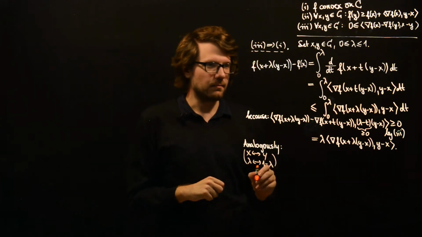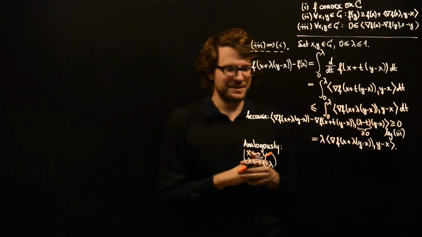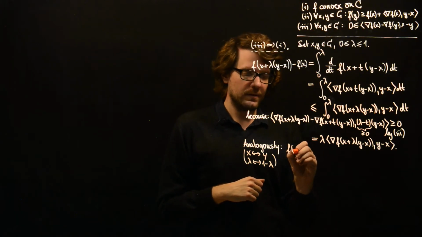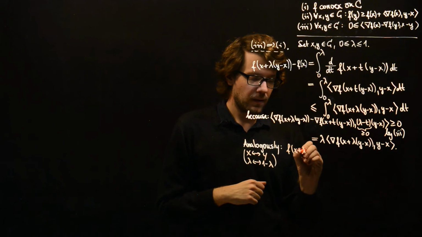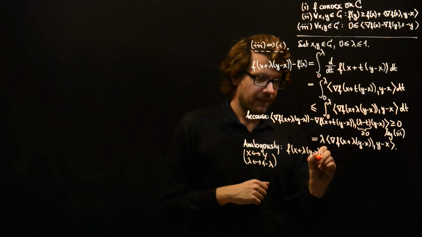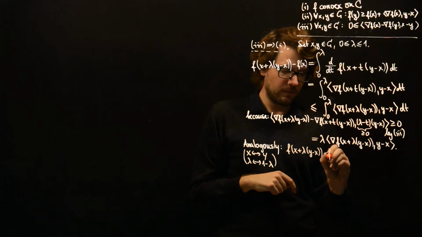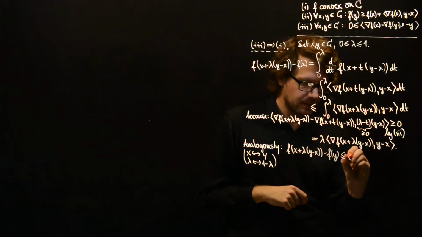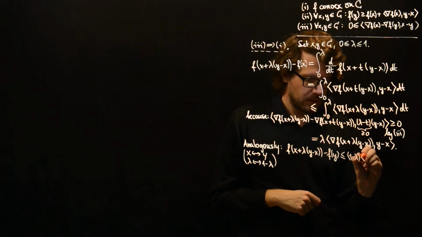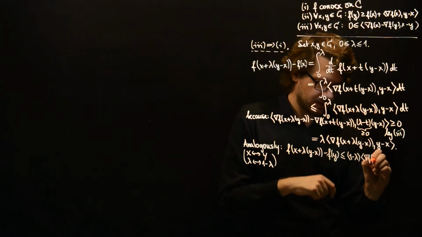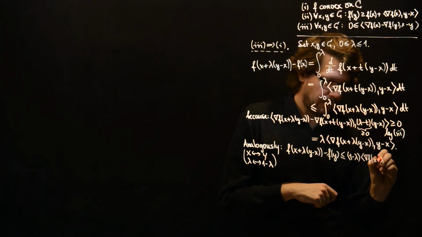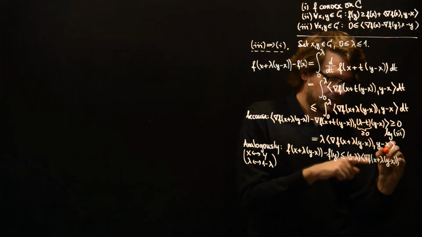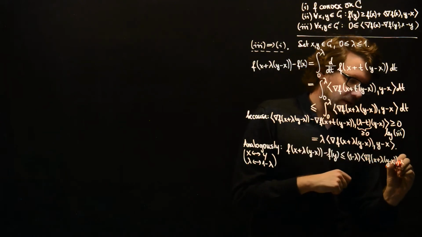Okay, I don't want to waste my space here. So then we get f of the same expression minus f of y less or equal than 1 minus lambda gradient f, again same expression, and here we have to change x and y.